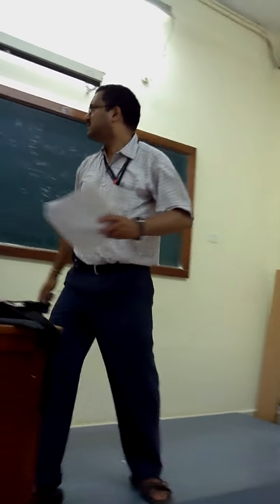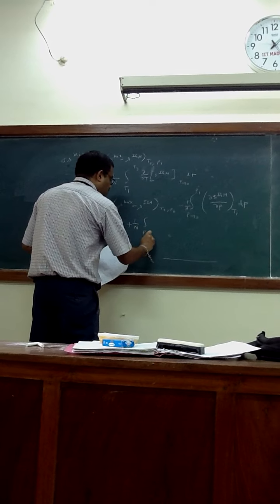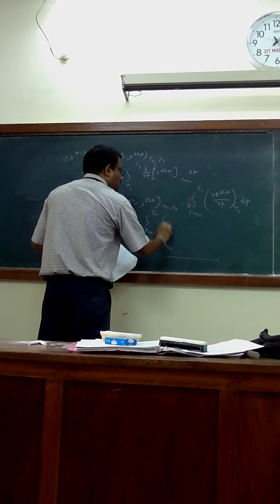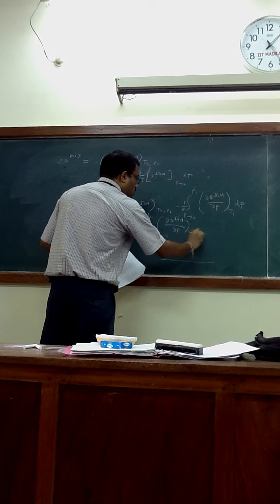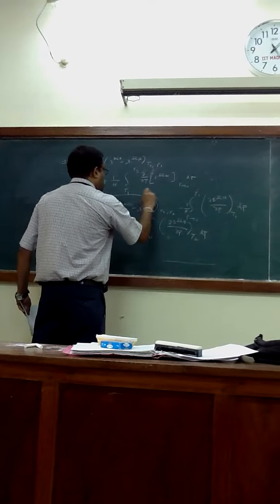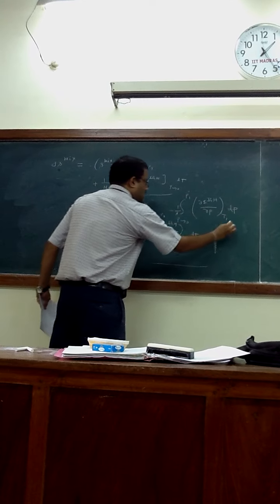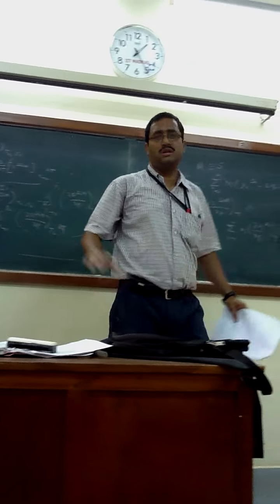Similarly, plus 1 by n, integral P tending to 0 to P2, dou SIGM by dou P at T, P2, dP. I am saying this is my integral I1 and this integral is I2. I have developed I1 and I2. Then my job will be done.